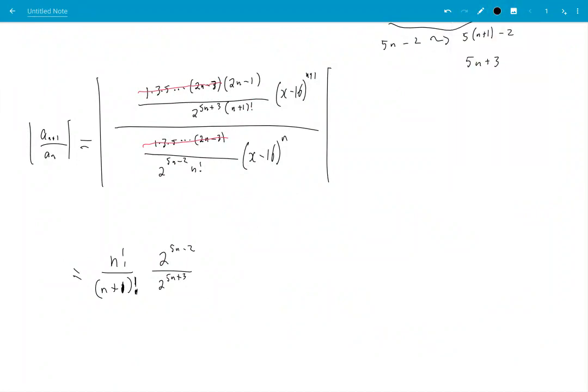So what survives there is just the x minus 16, and it keeps the absolute value because the x minus 16 could be negative. Then 1 over n plus 1 for the factorial bit. For the other one, you subtract the exponents on the bottom and just get 2 to the 5.